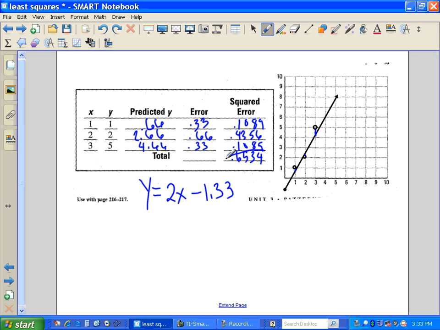This sum is much smaller than the sum we had on the previous page of 4. So our sum of squared errors is quite small. This line, represented by this equation, is then going to be our best fit line. And we figured that out by doing least squares regression.